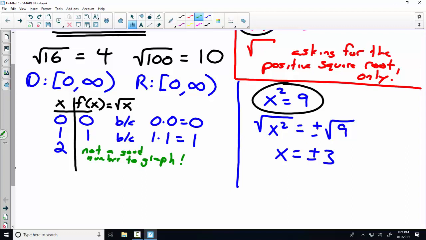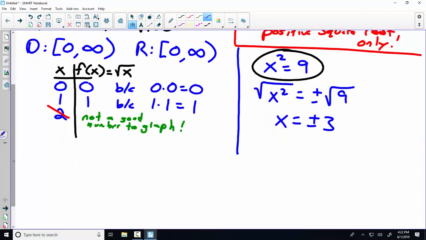So instead of using 2, what is a number that I just know the square root of off the top of my head? Well, you might say, I know the square root of 100 off the top of my head, because it's 10. And yeah, that's absolutely true, but do you really want to draw an x-axis that goes all the way out to 100? So what we want to focus on is the smaller positive numbers that we know the square roots of.